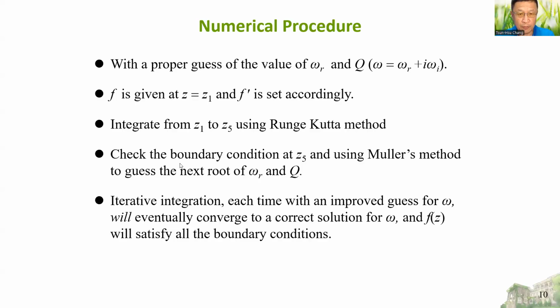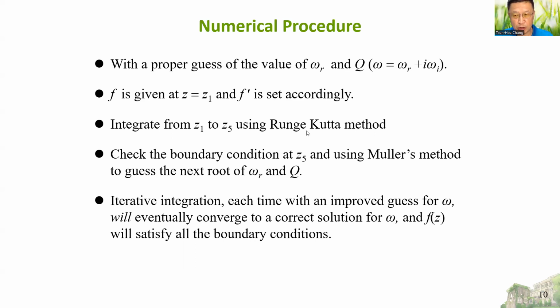Okay, let's continue. We guess omega R and Q, the complex resonance frequency, and F is given from Z according to the equation I just showed, and integrate from Z1 to Z5 based on the equation I just showed.